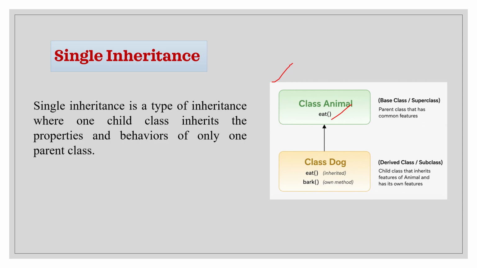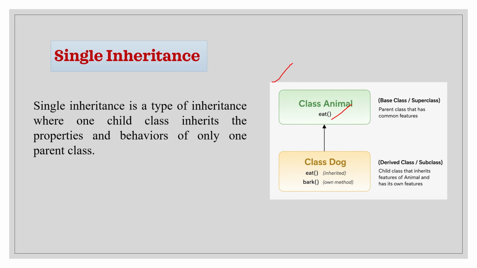So what does dog class do? It can use the eat method from the parent class, which is the animal class. Since there is only one parent class and only one child class relationship, this is called single inheritance.